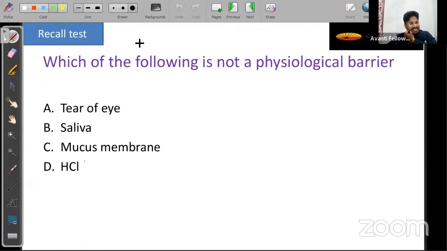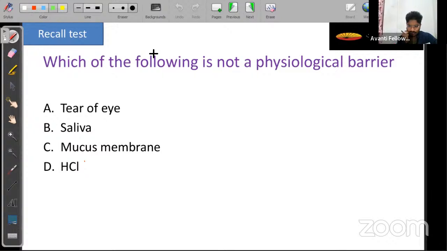Janvi Darwar, exactly. Janvi Balari, that's correct. Which of the following is not a physiological barrier, it is asking. 30 seconds gone. 66% people have chosen their answer so far.